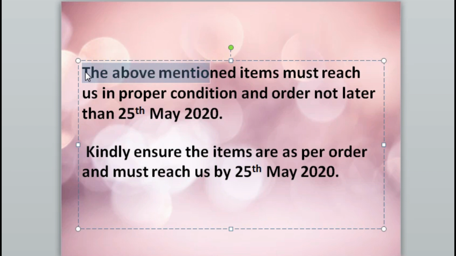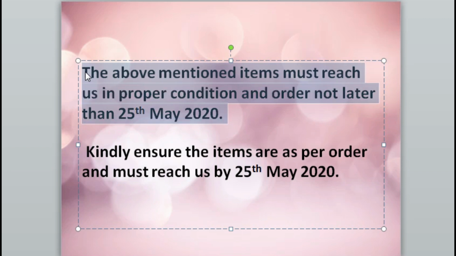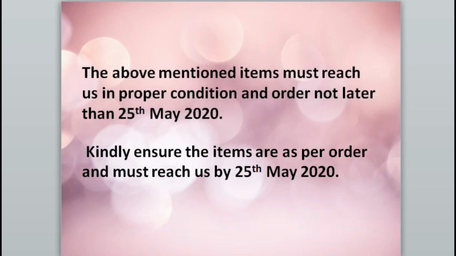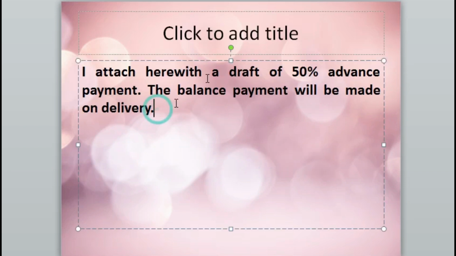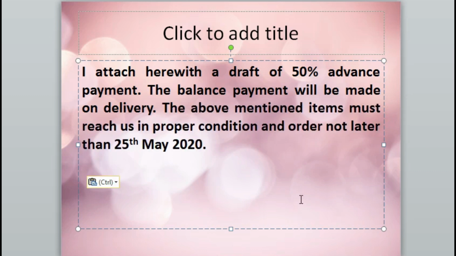So here, pick up this line, copy it down, and add in here as your next line. The above mentioned items must reach us in proper condition and order not later than 25th May 2020.